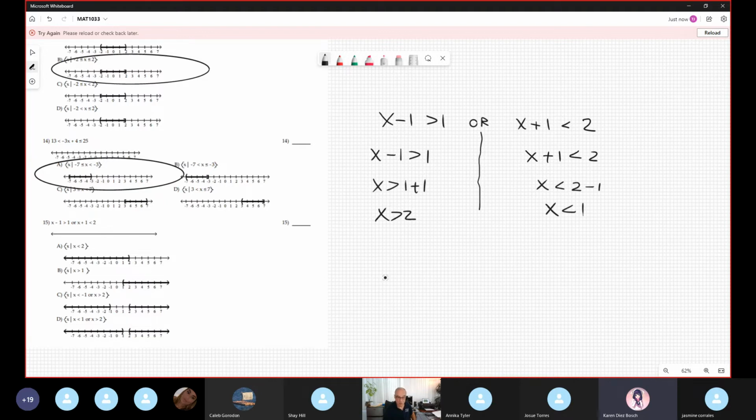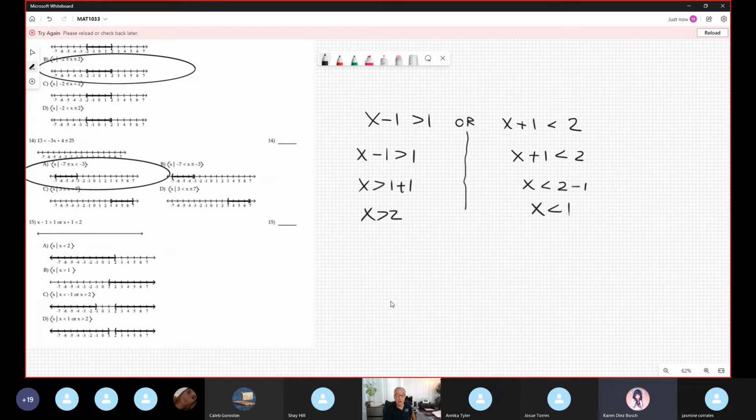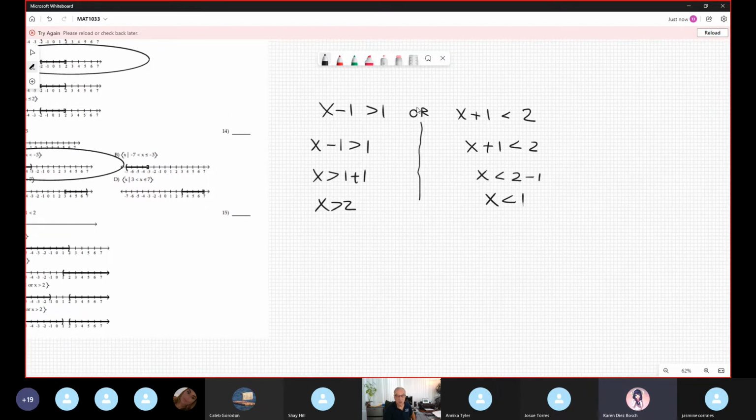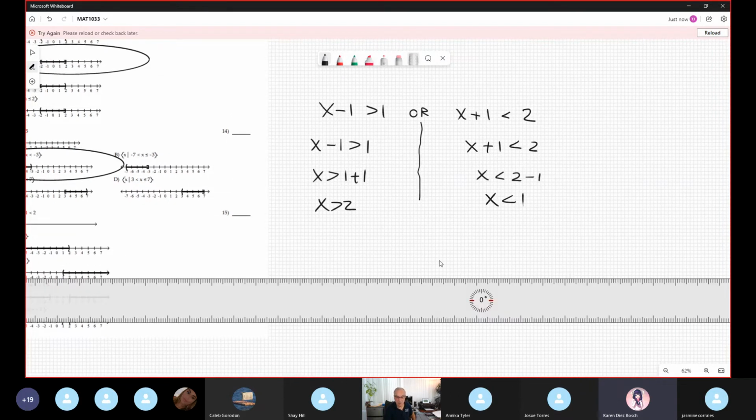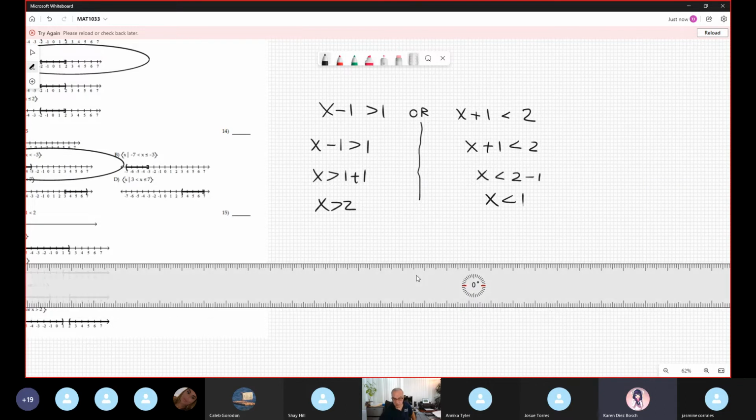Okay, now I solve them separately. And this is the moment to connect both. To connect, always use the number line. You finish in the number line, always, for solving a compound inequality.